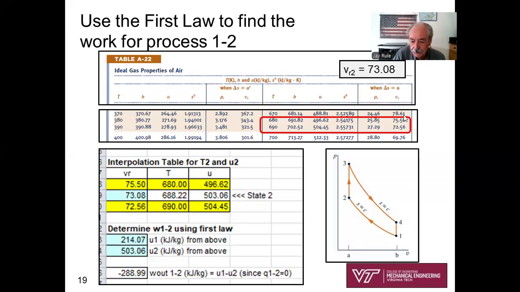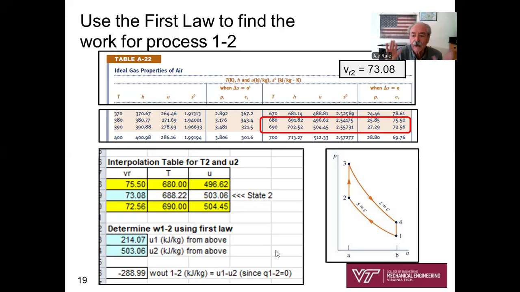So for my solution, I set up an interpolation table, in my case in Excel. You can do it with your calculator or however you solve the problem. I put in my VR values and did a straight linear interpolation to find T2, 688.22, and U2, 503.06. There they are.